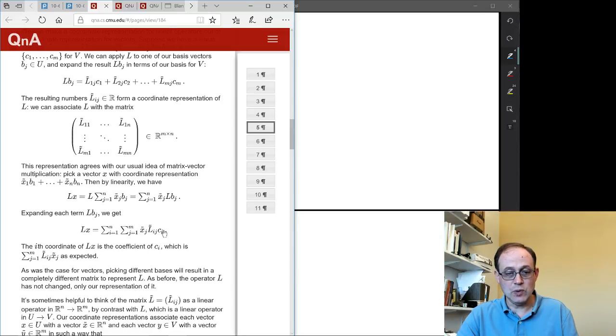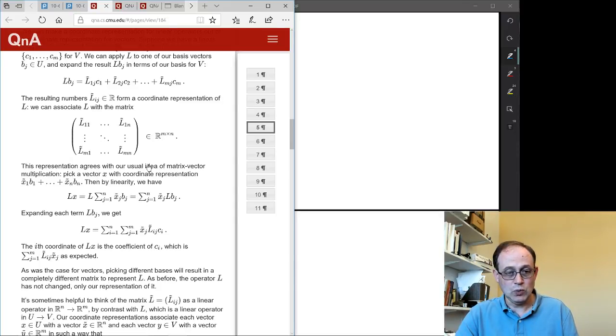And the coefficient of ci is the sum over j of x tilde j times Lij, and that is the outcome of matrix multiplication.